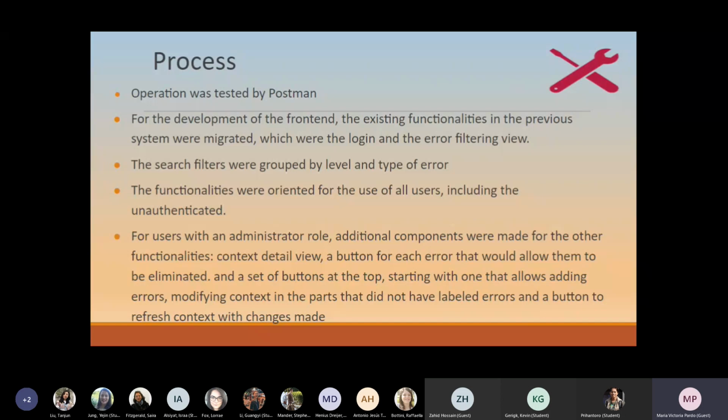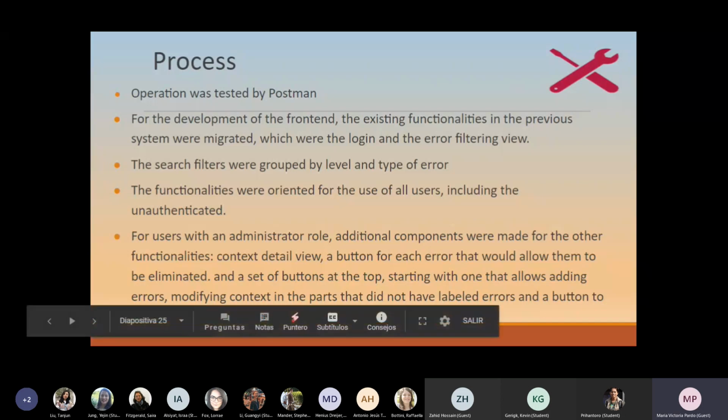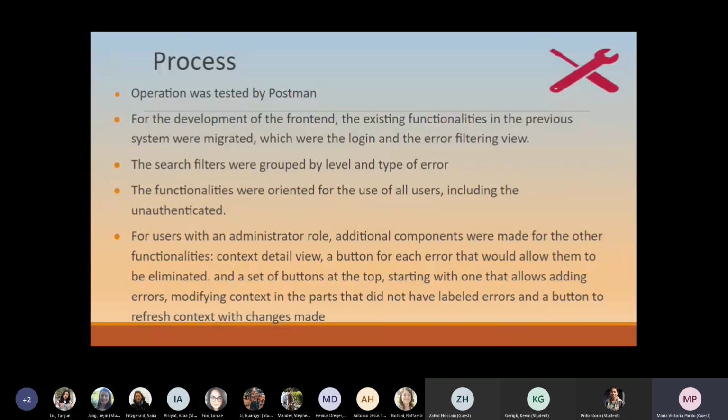So if you contribute with the data or a corpus, you can have an administrator role, and you can have additional components. Like, for example, there is a button for each error, so if you consider that it was mistakenly tagged, you can do corrections, you can delete or add a context according to the needs that you could have as a researcher.